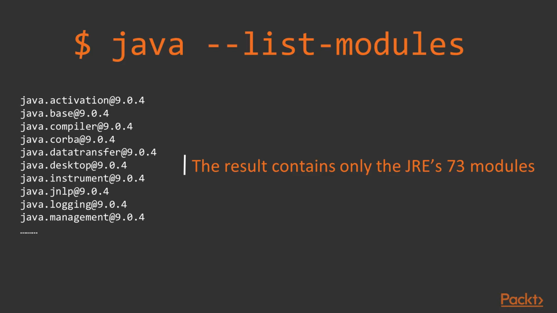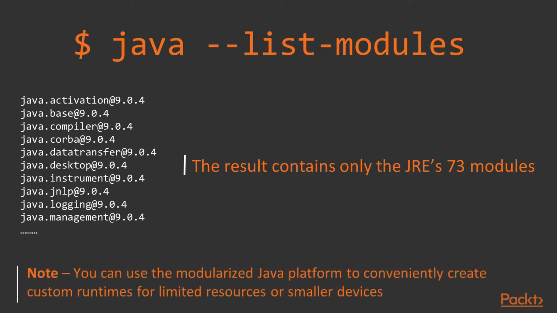This number will change as Java evolves. You have to note that you can use the modularization of the Java Platform Module System to conveniently create custom runtimes for limited resources or small devices.